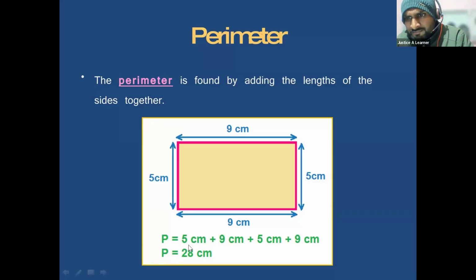I thought for the rectangle perimeter, it's 2 times the bracket L plus W. That's correct, that's true. Let me show you how.